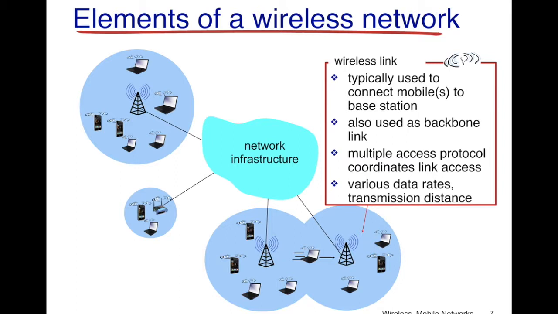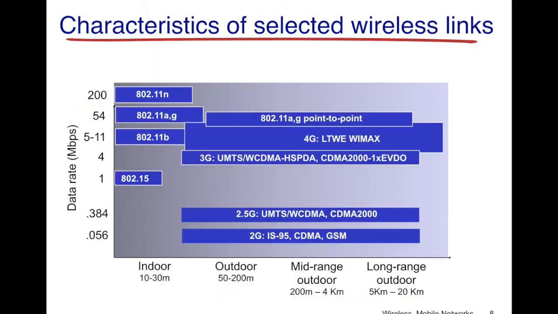What we will study in the next few lectures is the different technologies that are used over a wireless link, for example, the different multiple access protocols and so on, and how a wired link and wireless link are typically different from each other.